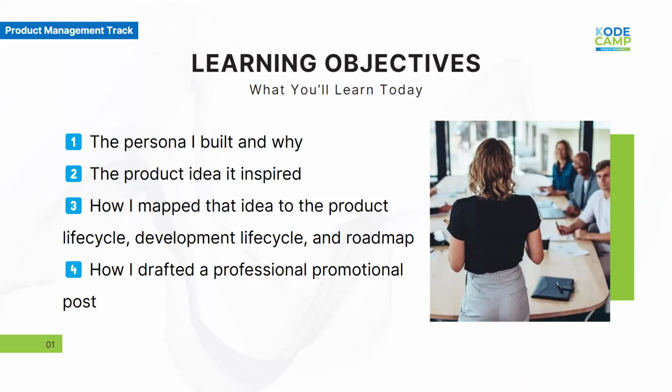I will show you where the product sits in that life cycle and why that matters. Then we will look at where it sits in the product development life cycle, what stage we could be at if this were a real product we were working on. And finally, I will place it on the roadmap.